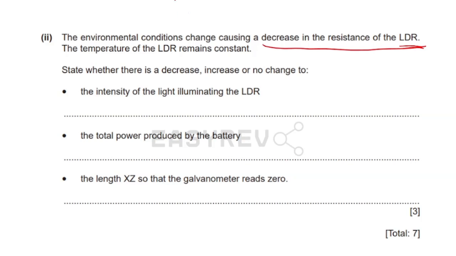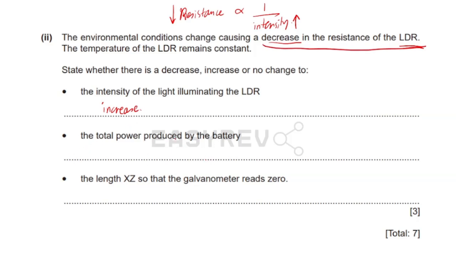And we know that for a light dependent resistor, the resistance of the LDR is inversely proportional to the intensity of light shining on the LDR. Since we're told that there is a decrease in resistance, that can only be caused by an increase in the intensity of the light illuminating the LDR. So we'll mention that in this situation there is an increase.